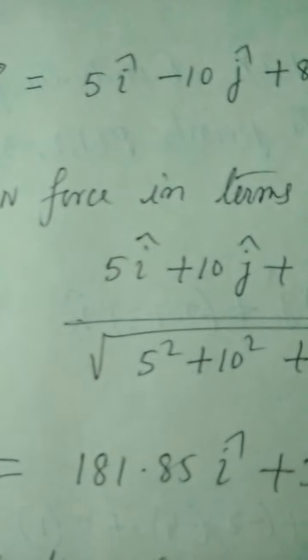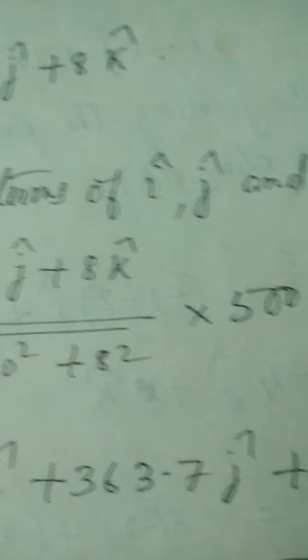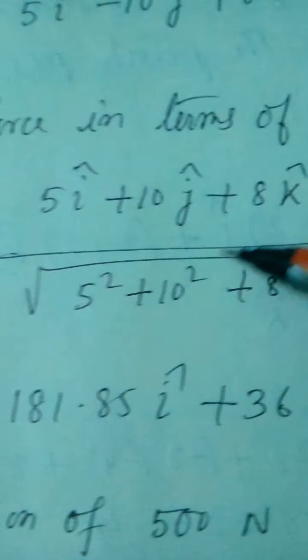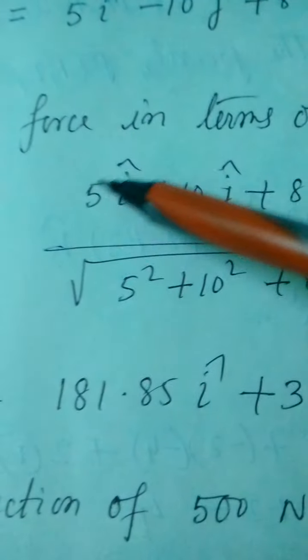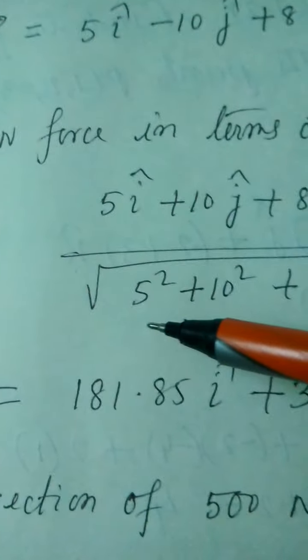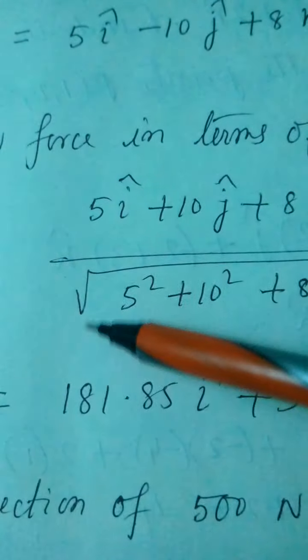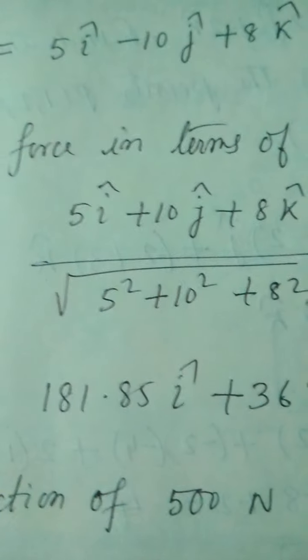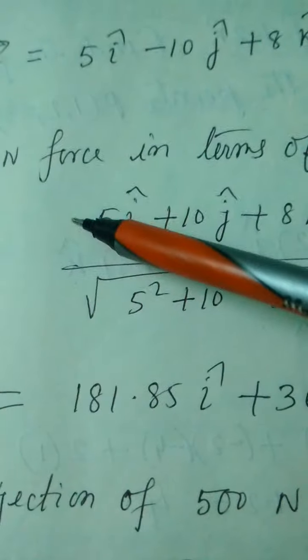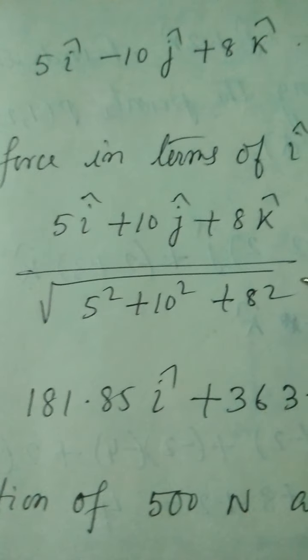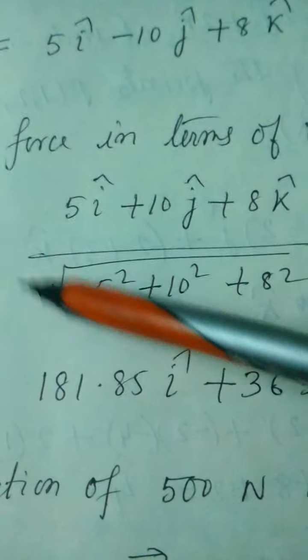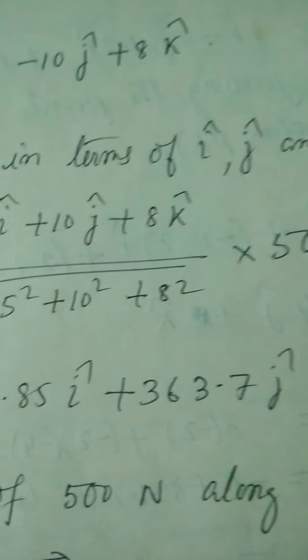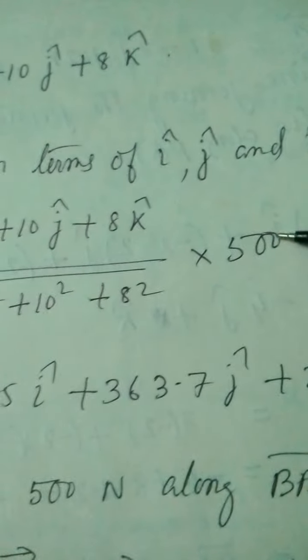So the 500 Newton force in terms of i, j, k will be equal to the unit vector, which is the vector divided by the root of this square plus this square plus this square, of that direction B to A, into 500 Newton.